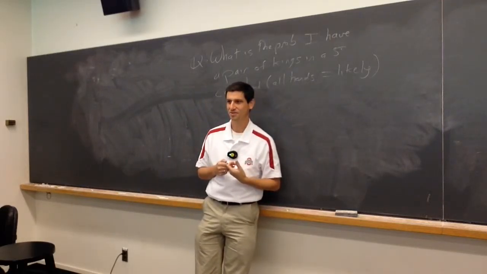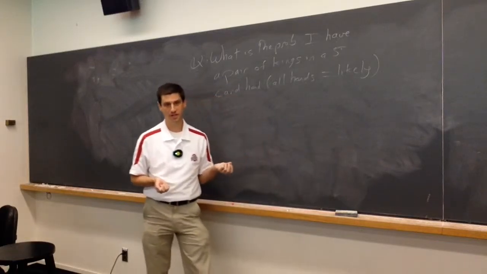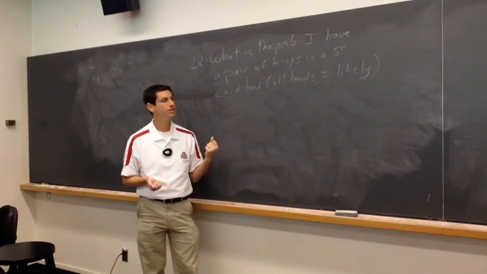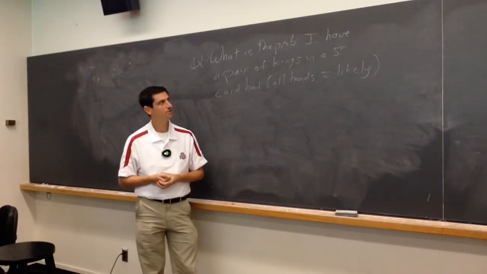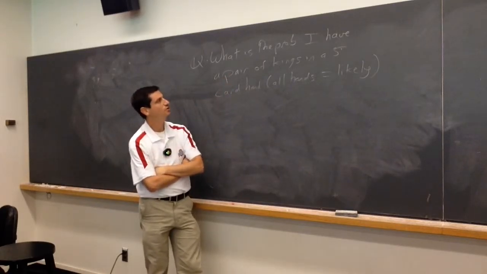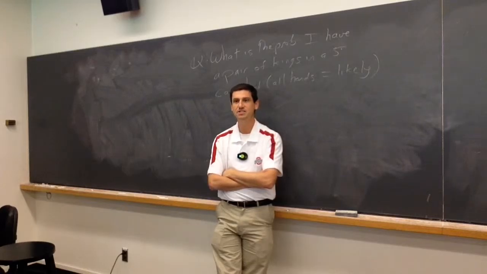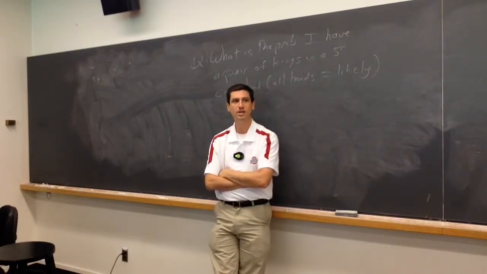You could have one pair of kings, or you could have 2 pairs of kings. You haven't specified. So one thing is I could have 2 pairs of kings. I could have all 4 kings. What if I have 3 kings? Would that count? In some sense this is saying not that I have only 2 kings, but that I have at least 2 kings. So you've got to be very careful when you write something like this.